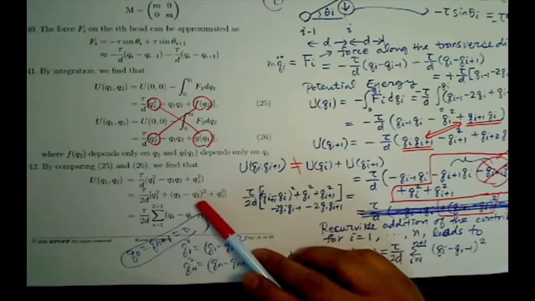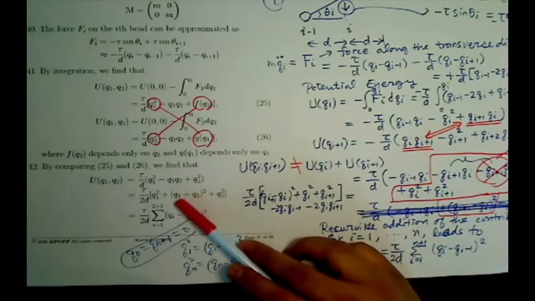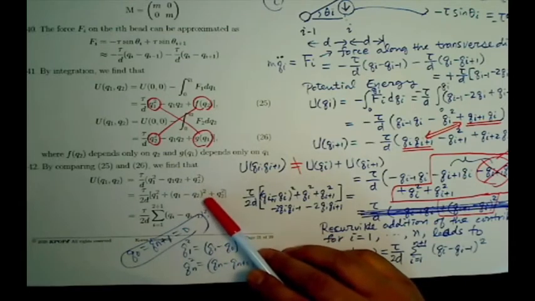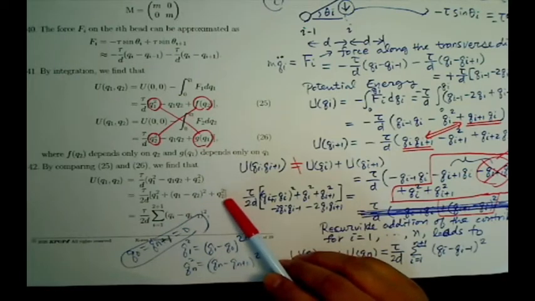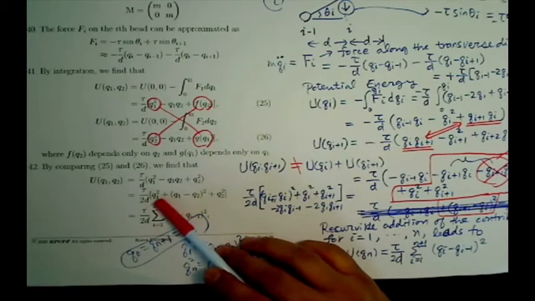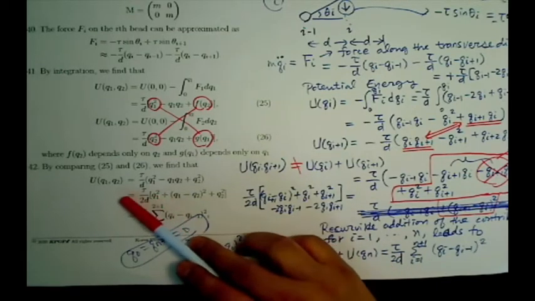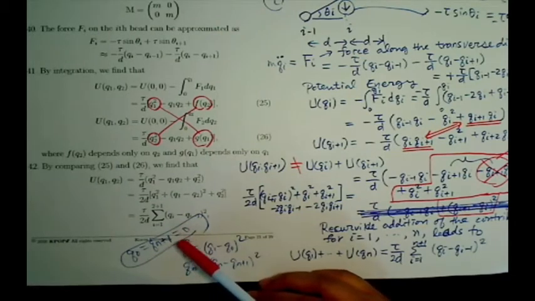That means it is just a difference of adjacent beads, the transverse coordinates difference squared. But the reason why we have just a single square is that q0 and qn plus 1 are all vanishing.